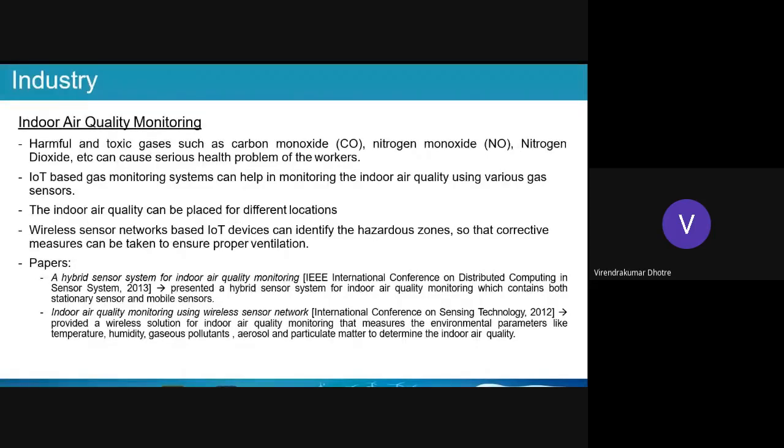Next is indoor air quality monitoring. We know today that COVID also travels through air, and if our air is pure, definitely these kinds of viruses or attacks cannot happen, and that is a huge requirement nowadays. IoT can help in this.